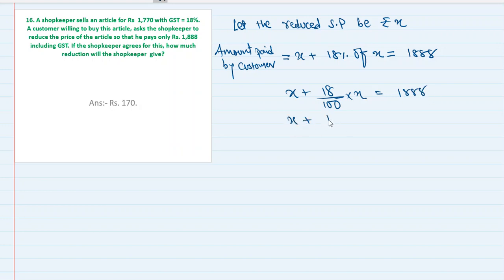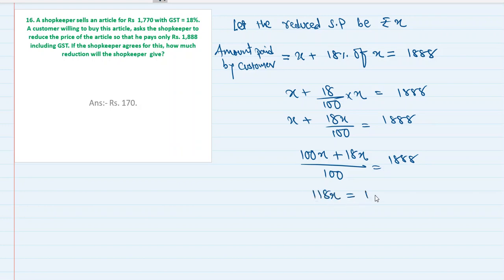So x plus 18x upon 100 is equal to 1888. So 100x plus 18x upon 100 is equal to 1888. So 118x is equal to 188800. So x is equal to 188800 upon 118.